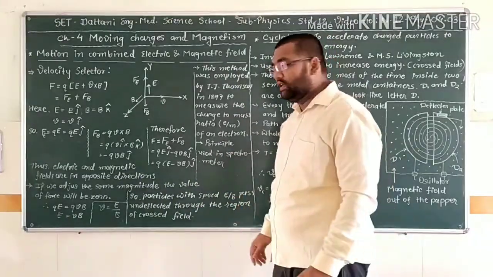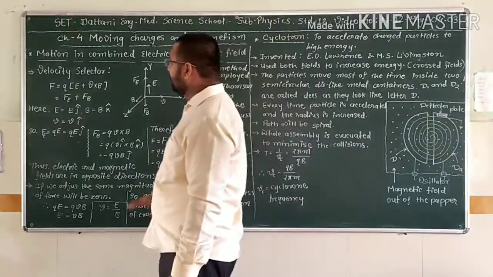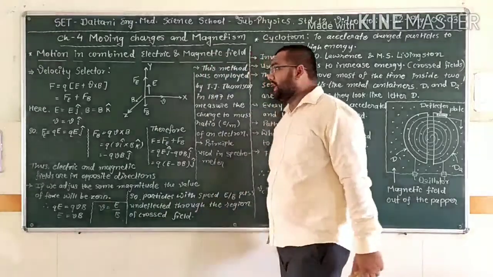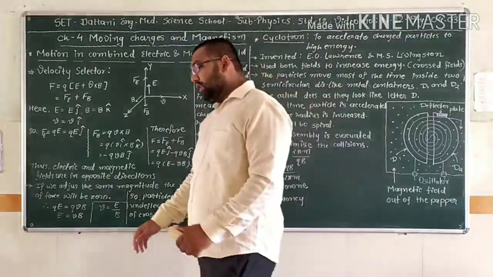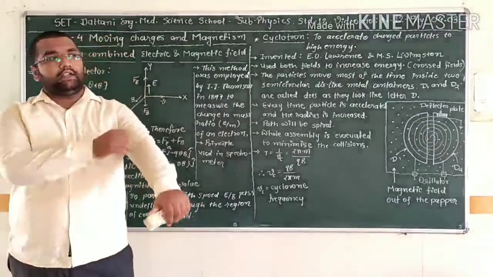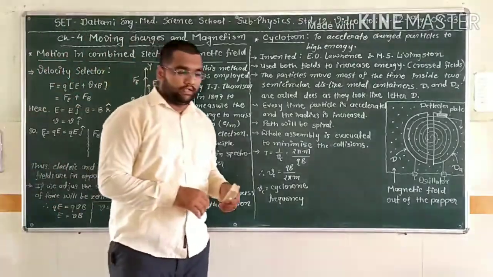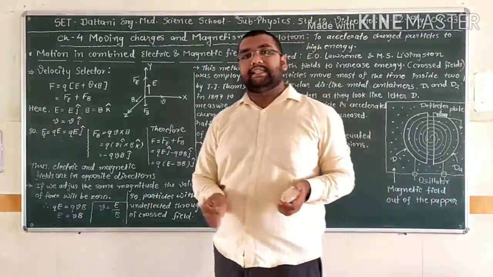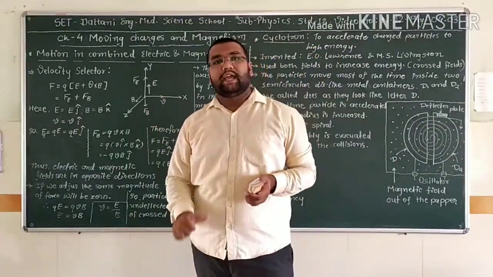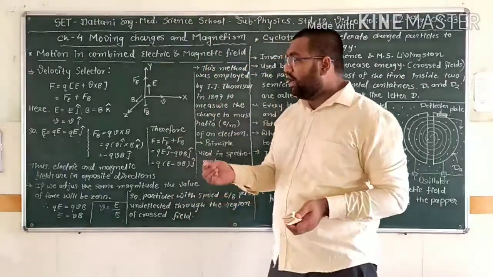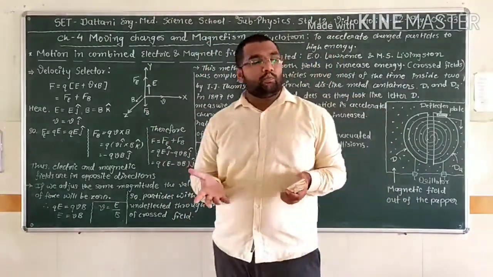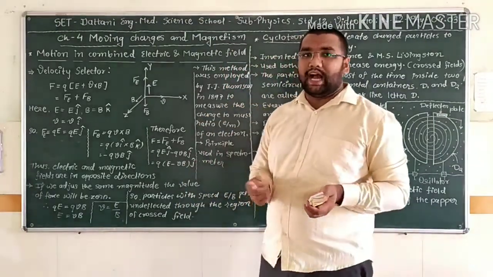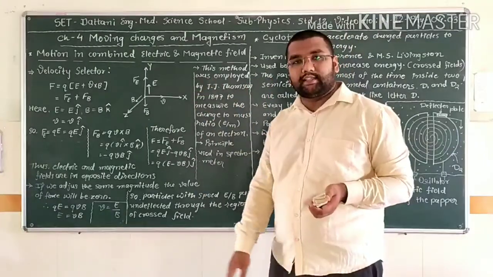How is it possible? So we learn here the velocity selector. How can we select the velocity of a particle? We use it in a nuclear thermal power station. In a nuclear power station, a neutron is bombarded on a heavy nucleus. We cannot see a neutron without a microscope, so how can we throw the neutron on the nucleus?